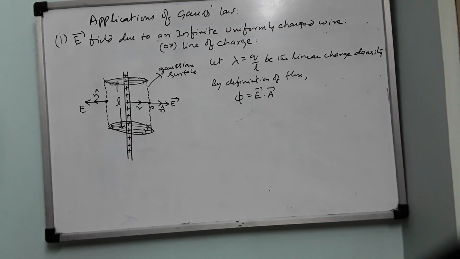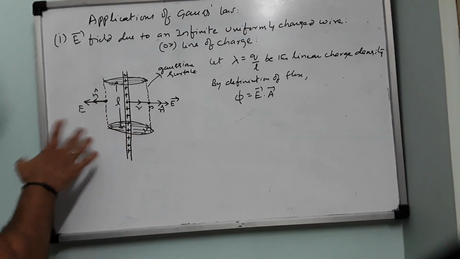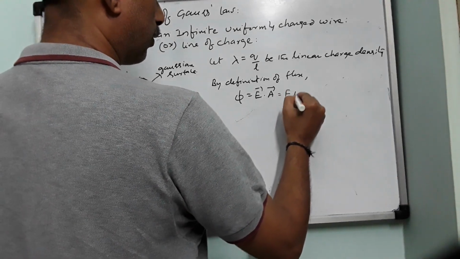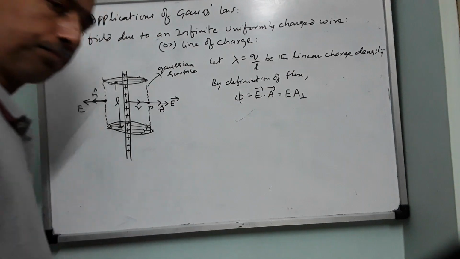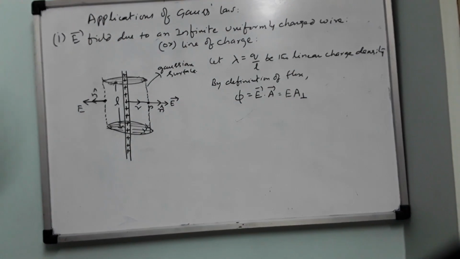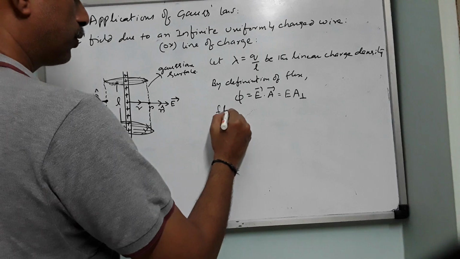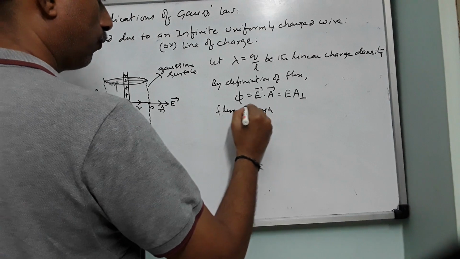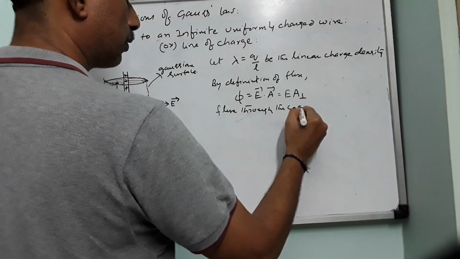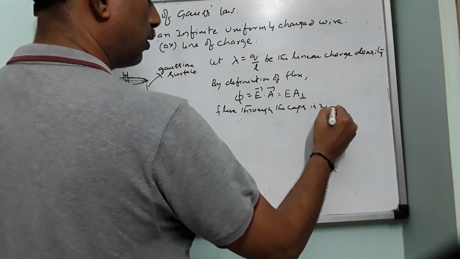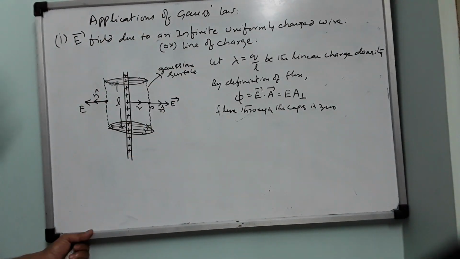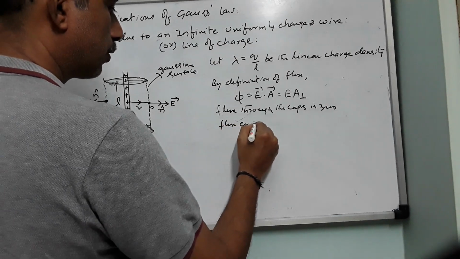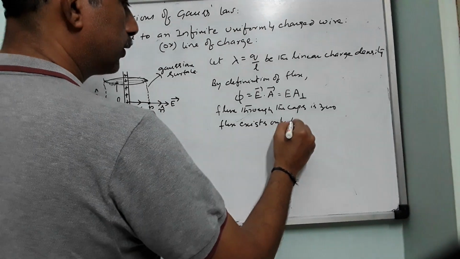So to both the caps, the flux lines are parallel, and to the curved surface, the flux lines are perpendicular. So electric field will be perpendicular to area. So A perpendicular I will write. So flux through the caps is 0 as the lines are parallel. Now, your flux exists only through curved surface.